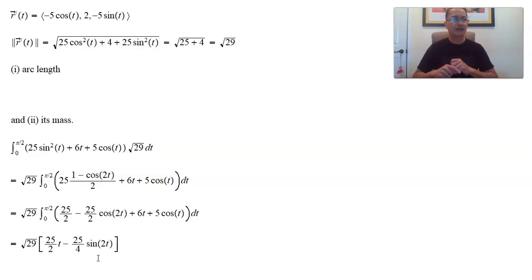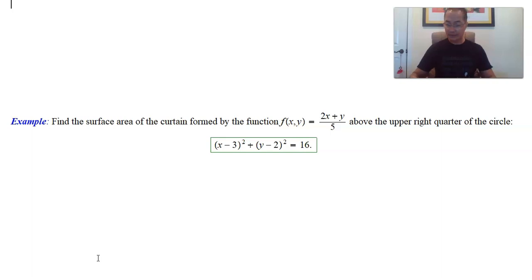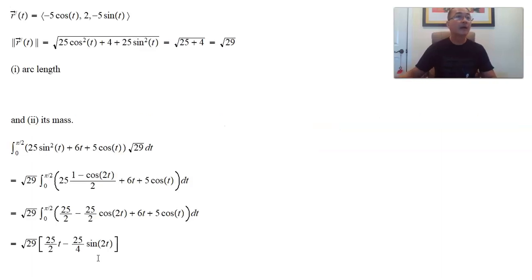It feels like we've done that a million times already. Sine, cosine. And then 6t will turn into 3t squared. Don't use page down. And then plus 5 sine of t. So we evaluate from 0 to pi over 2.